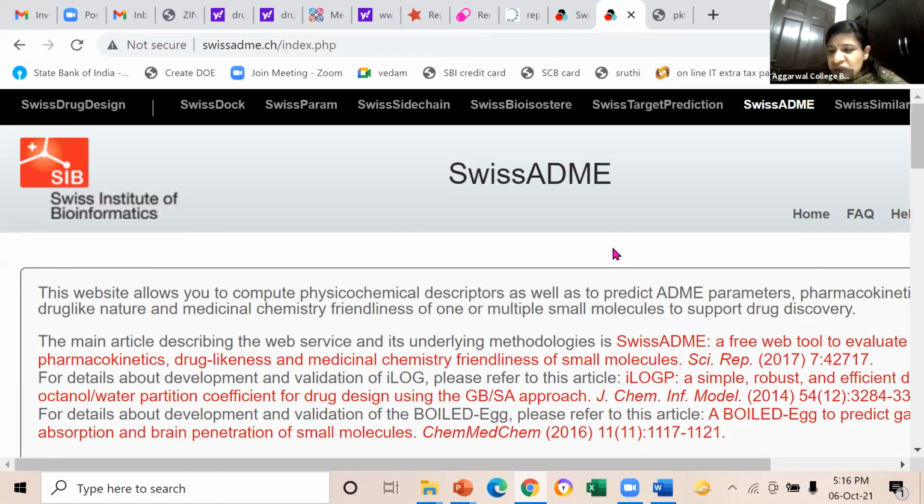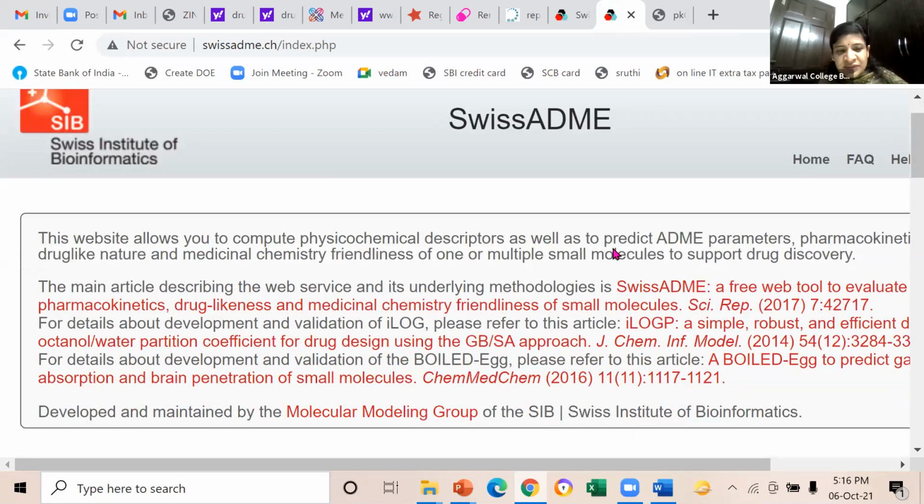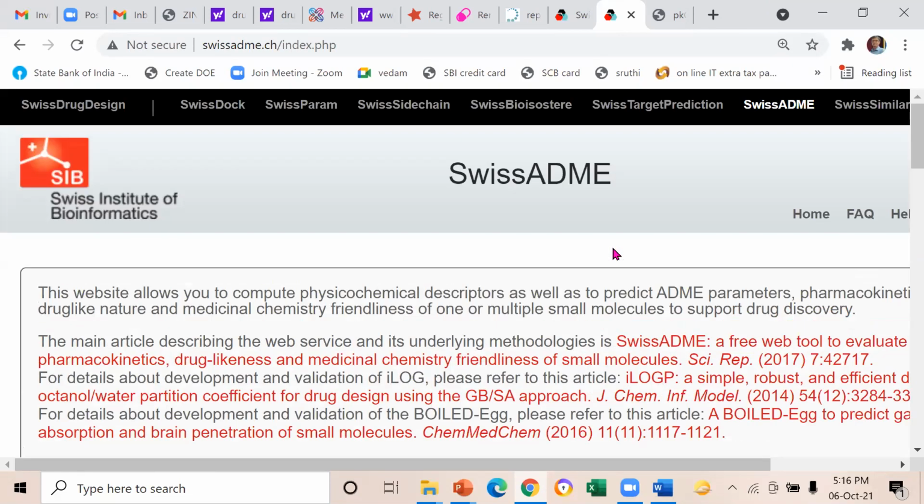It is a very approved website, so you can do work on this website. It's very approved, and it's a big research center. Swiss Institute of Bioinformatics. They have a lot of software, entire homology modeling, and modeling of target protein.